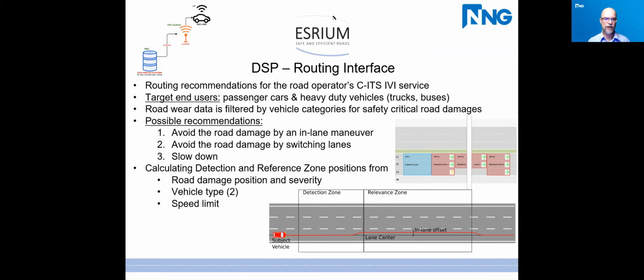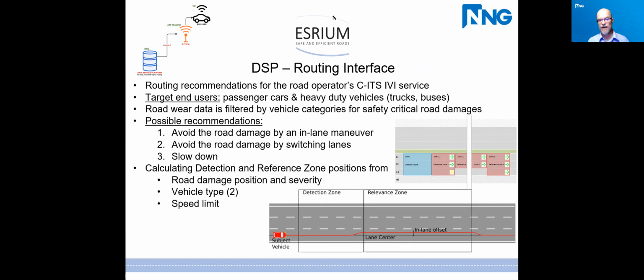The target users are passengers, cars, and heavy-duty vehicles, trucks and buses. It can be human-driven or automated vehicles, and this makes a difference in what we provide as a recommendation, because of course different types of vehicles need different kinds of recommendations.